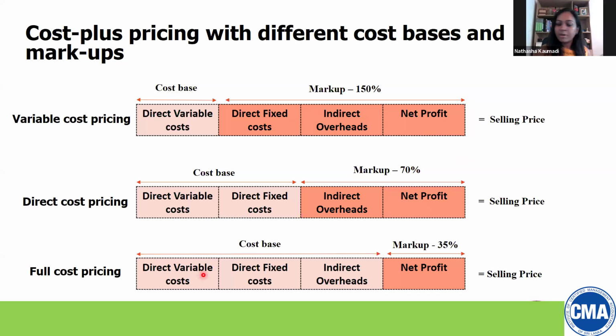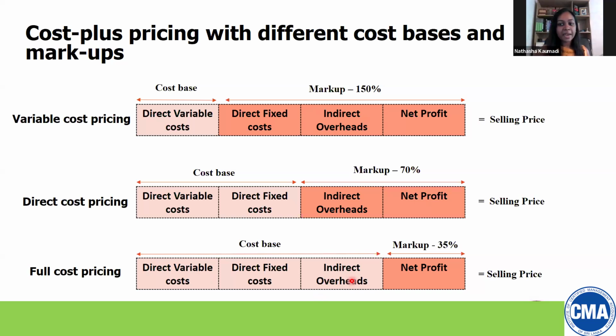So what is your industry? What is your company? Tea exporting. Okay, so you can calculate direct variable, direct fixed, and indirect overhead as well. So do you use ratios for indirect overheads like overhead absorption rates? Maybe yes.